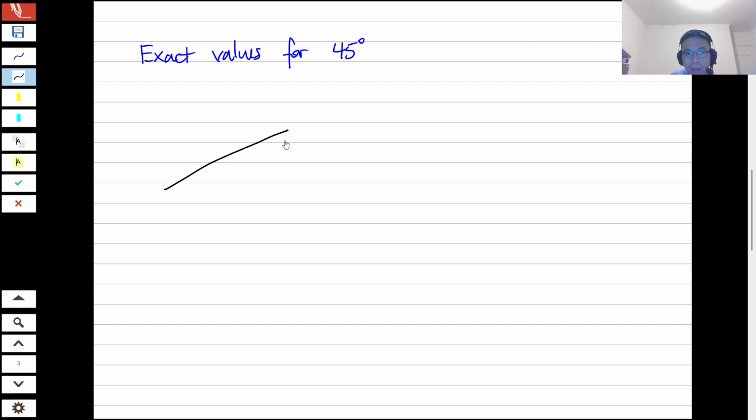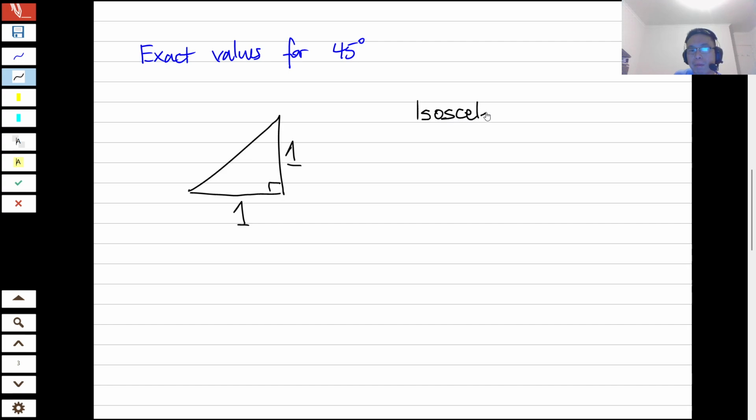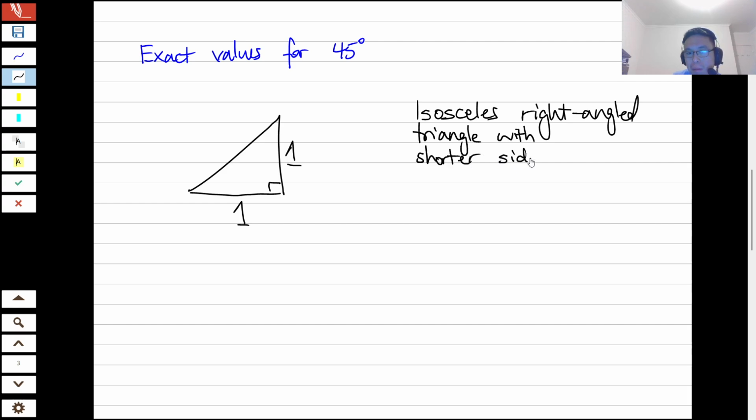The easiest one begins by considering a right-angled triangle, which is isosceles, with sides 1 and 1. Okay, so first question is, what are the angles in this triangle?